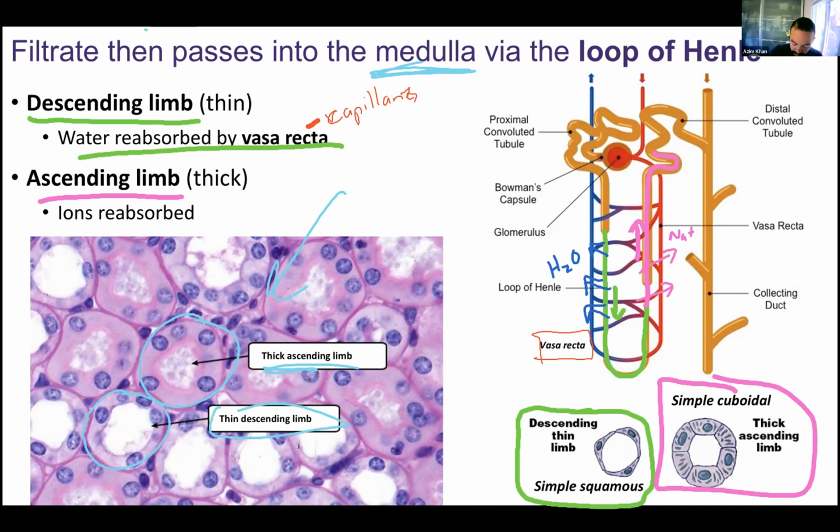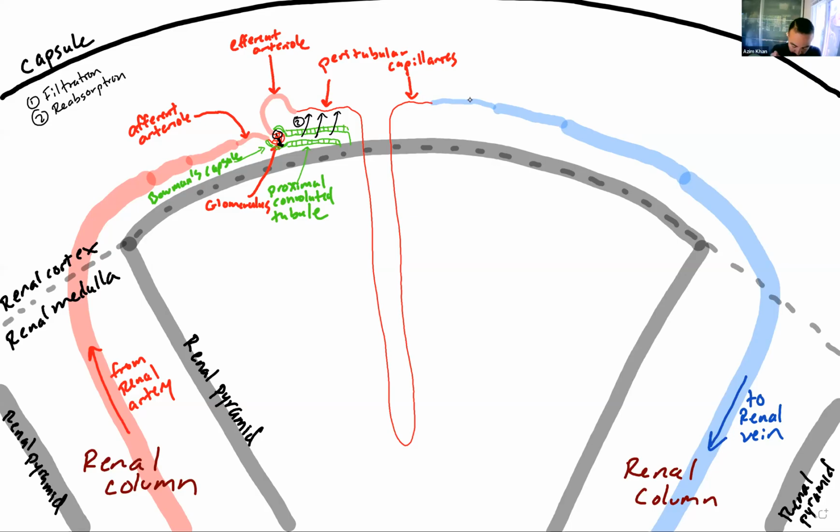Let's go to our diagram, our drawing, and let's draw this. So we're dipping now into the medulla. This is a very simplified drawing. I haven't drawn anything convoluted. So here we are going down, and then coming back up.